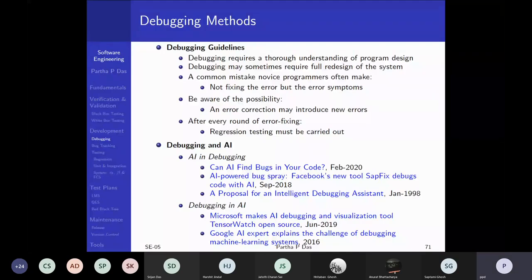For example, I see that on this particular input, I should get output as 5, but I'm getting output as 3. So at the output point, I put an if check on the input value. If the input value is what is giving me the bug, then I just forcibly change it to 5. Right? This will fix the symptom. It does not fix the error.